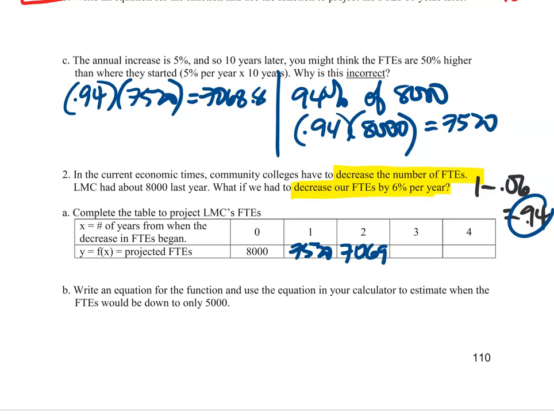And then decrease again for the third year by 6%, or that is 94% of 7,068.8, which is equal to approximately 6,645. And the last one, do the same thing. 0.94 times this is going to be 6,246.